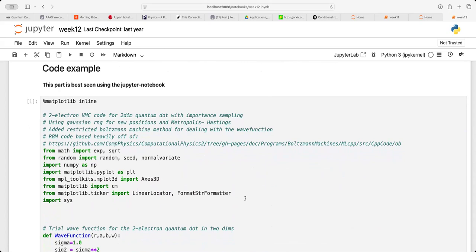So it looks very much like what we have from project number 1, except that now we are going to look at two fermions. Now, let me just go back to the whiteboard a little bit, because I wanted to say a little bit about the physical system. So before we look at the code, let's now take a quick look at the physical system.